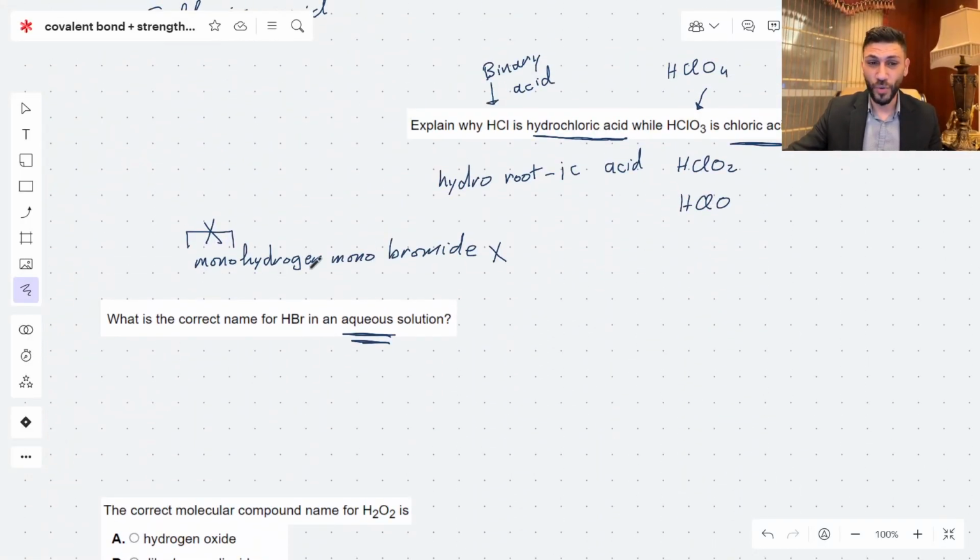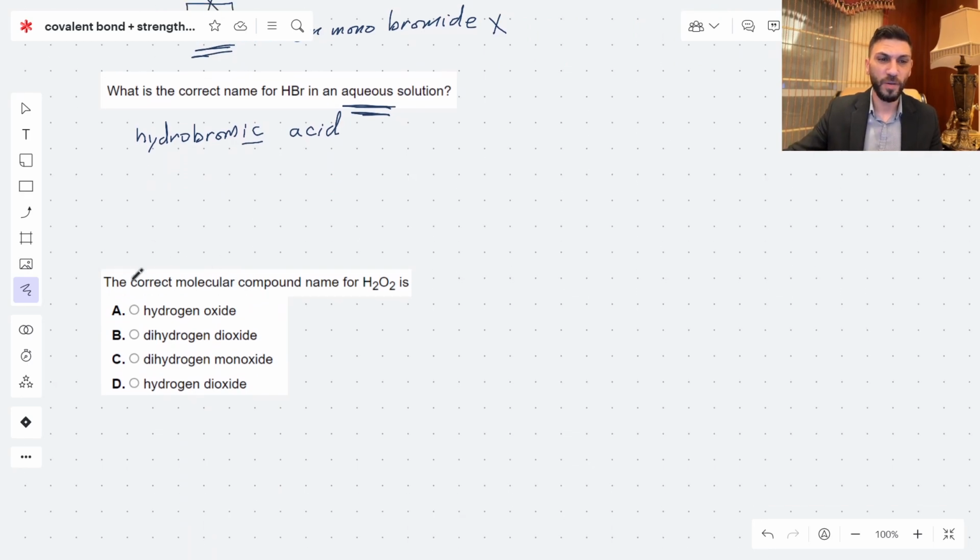So it's wrong because of two things. We cannot start with the prefix mono. And also, this is not a binary molecule. This is a binary acid. So the correct name for the binary acid, we always start with hydro. And then bromic with IC and then acid. Two words, hydrobromic acid.